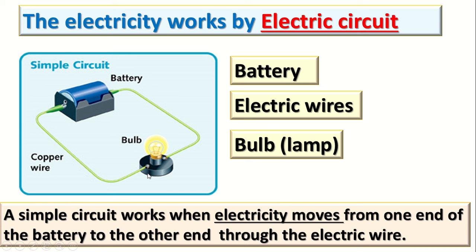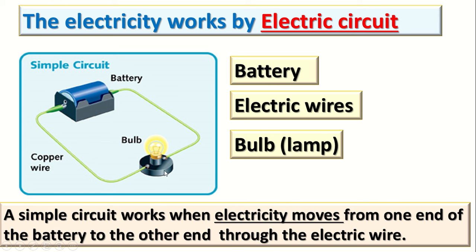Okay, how can this electric circuit work? The battery has two ends. One end is here and one end is here. The electricity moves from this end of the battery, through the wires, to the bulb. After that, it moves again to the second end of the battery, so that the lamp will work.